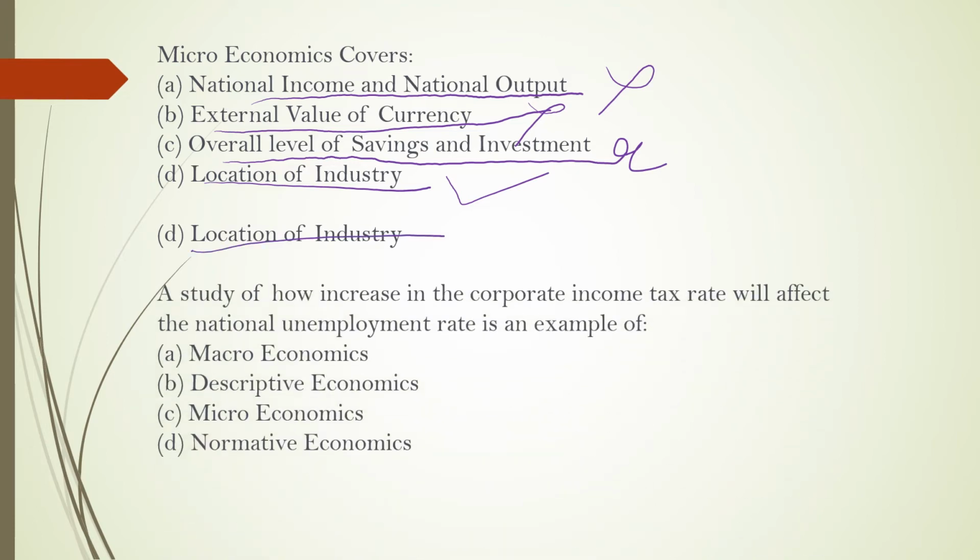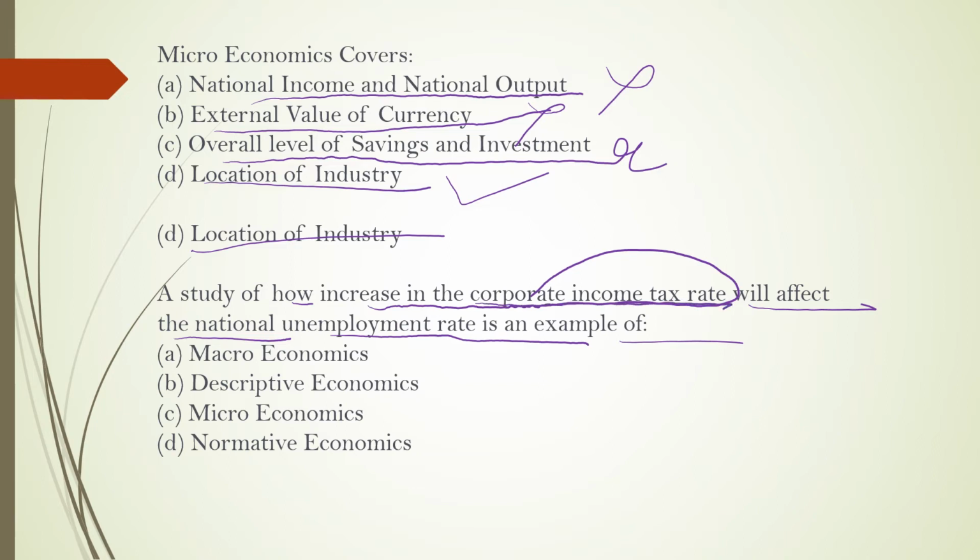A study of how an increase in corporate income tax rate will affect the national unemployment rate is an example of... Of course, the corporate income tax is imposed by the central government, and moreover with respect to national unemployment rate, so it is macroeconomics. It is related to macroeconomics.